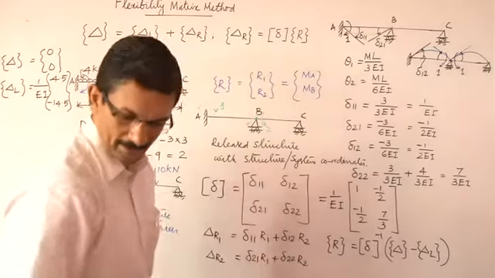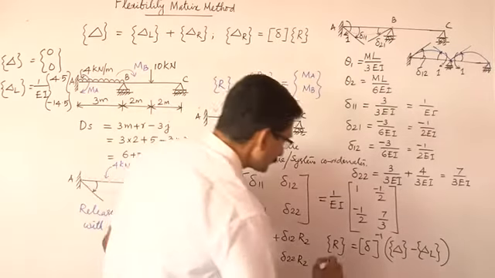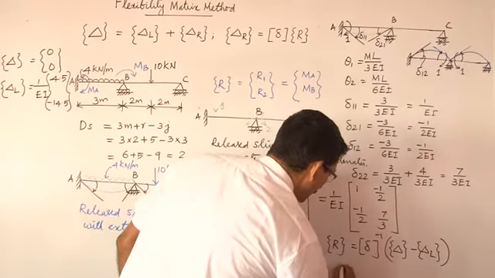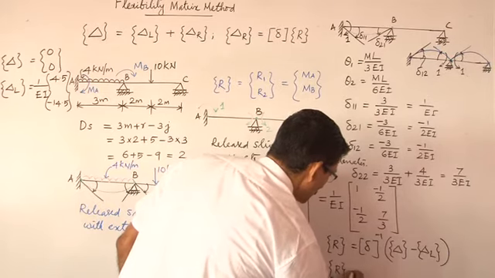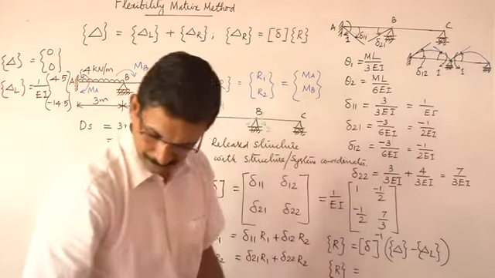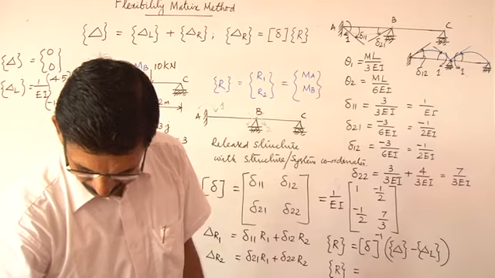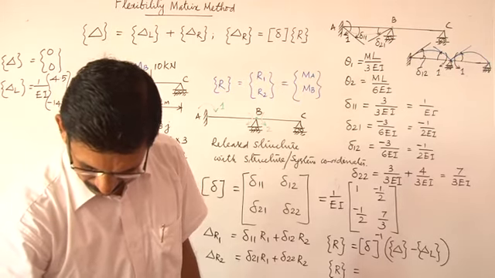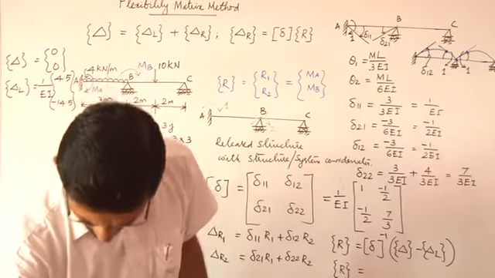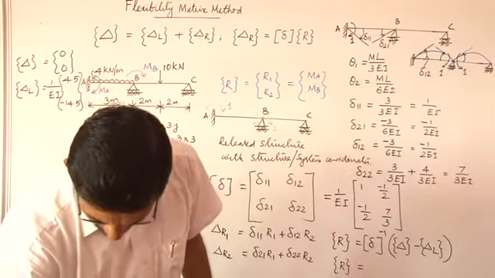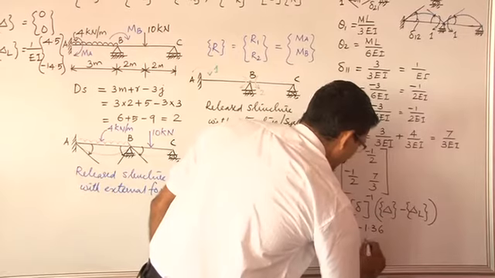If we do that properly, we are going to get R is equal to minus 1.36 and 5.88.